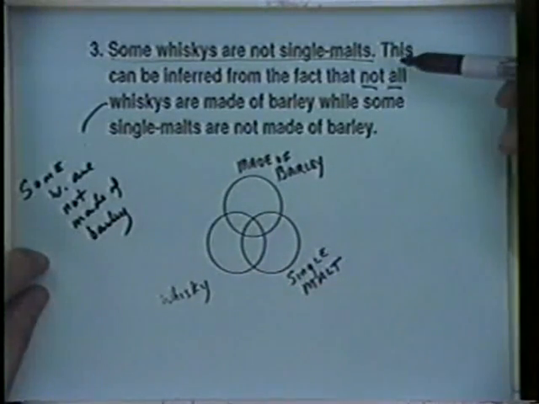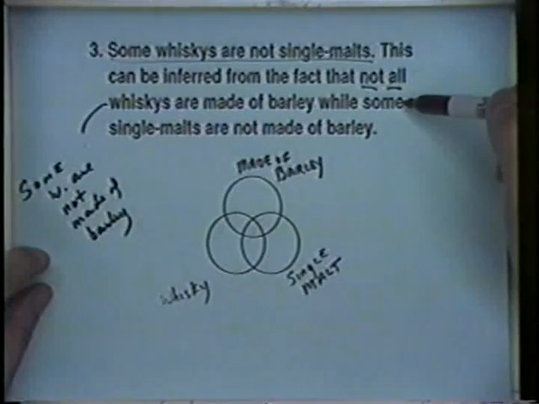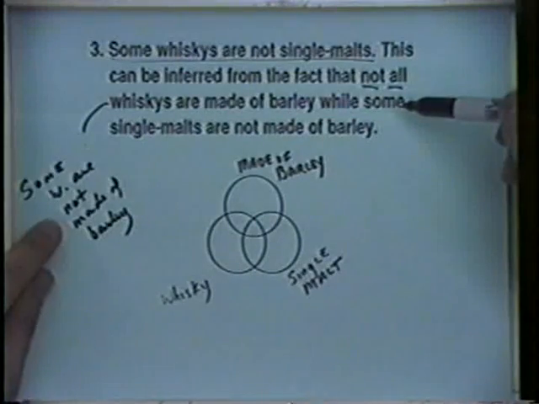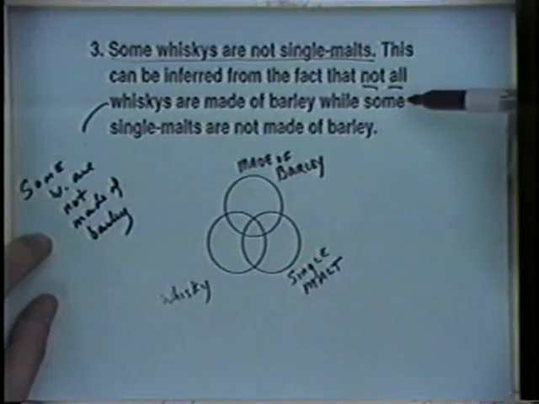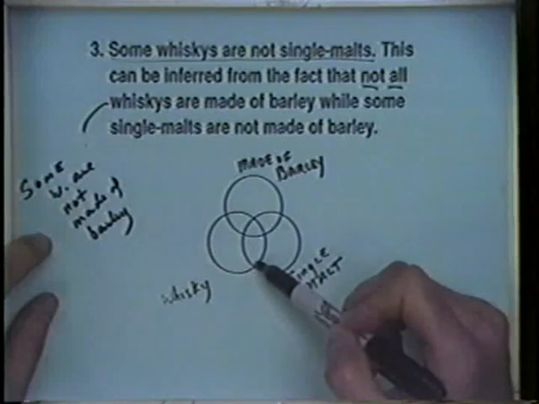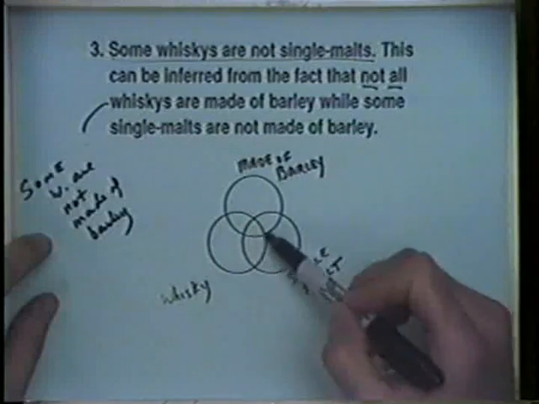And now we need to check the other premise, which is some single malts are not made of barley. We notice that's an existential premise also, so it doesn't make a difference which of the premises we start with. Let's begin with the one that we needed to alter. Some whiskeys are not made of barley. That means that some things in the whiskey circle are not in the made of barley circle, so they have to be underneath this crescent.